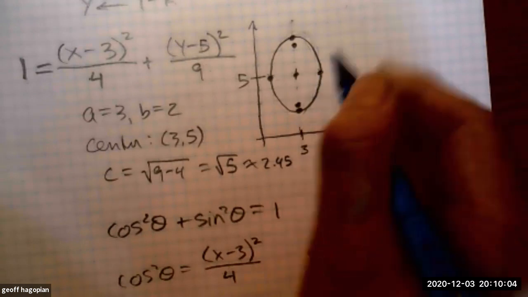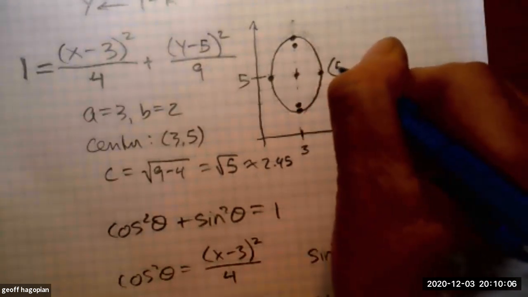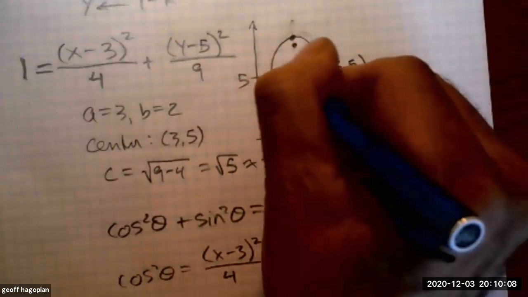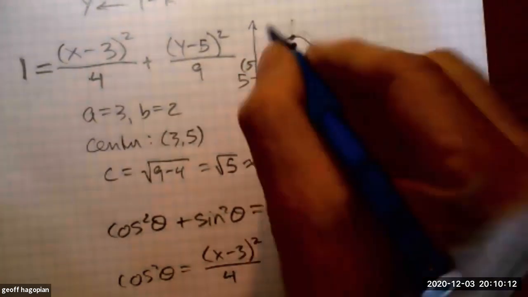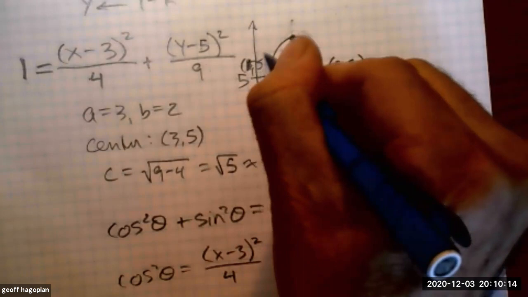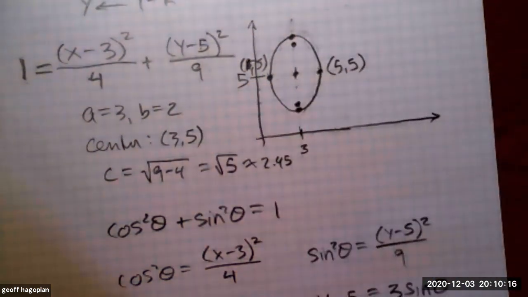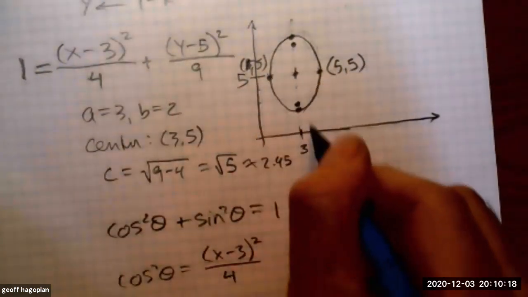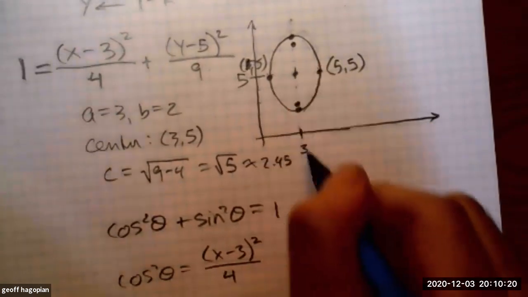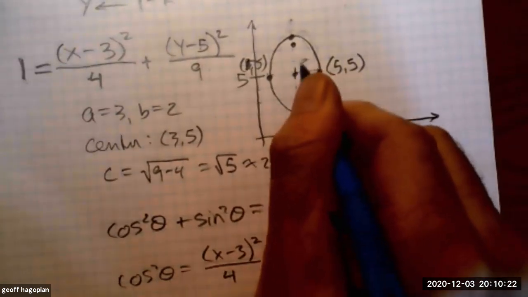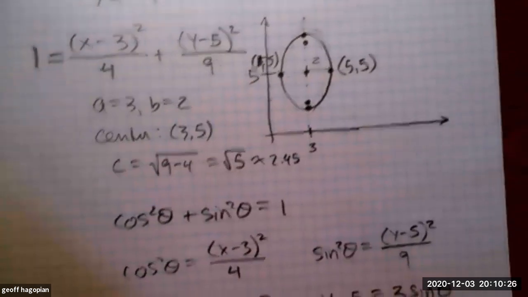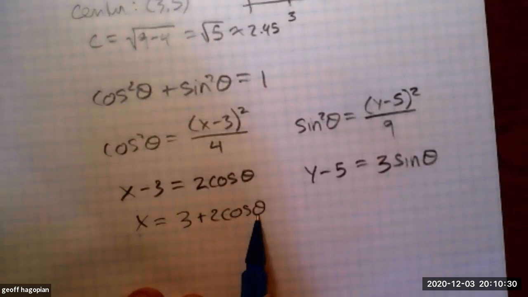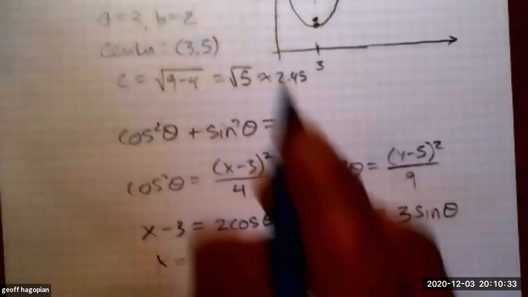So this is the point 5, 5, and this is the point 1, 5. The equilibrium is 3, and we're oscillating with amplitude 2 around a center point of 3, right? And as theta goes from 0 to 2 pi, we'll go once around the ellipse.